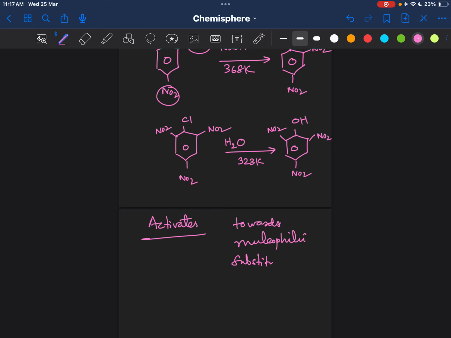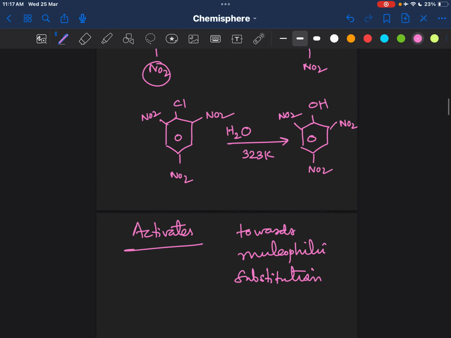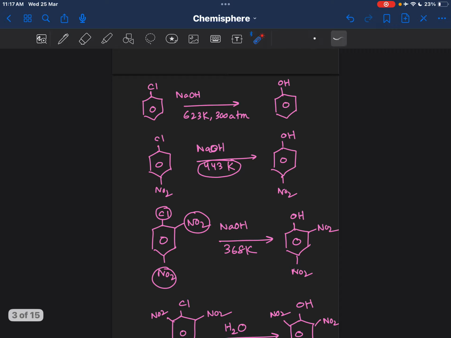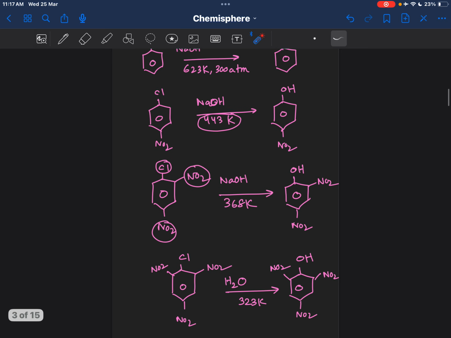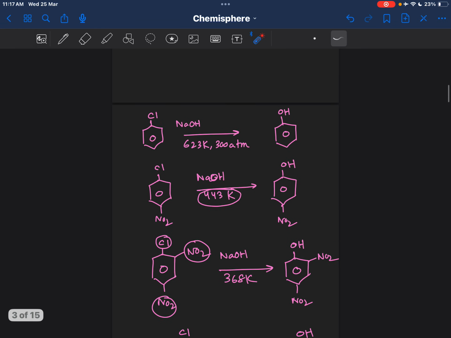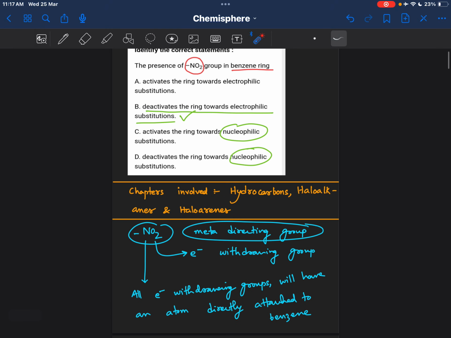Or you can say it is making it more reactive towards nucleophilic substitution, because in the absence of NO2, the conditions were very harsh. But the moment one NO2 group is introduced in the para position, you can see the conditions became less drastic. So it is activating it, or making it more reactive, towards nucleophilic substitution. So therefore, C is correct. Activates the ring towards nucleophilic substitution.